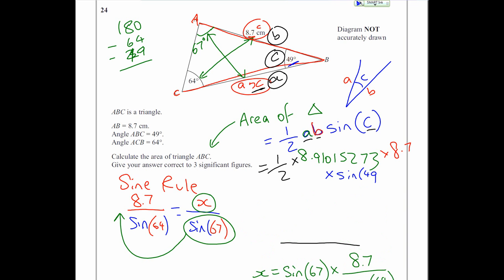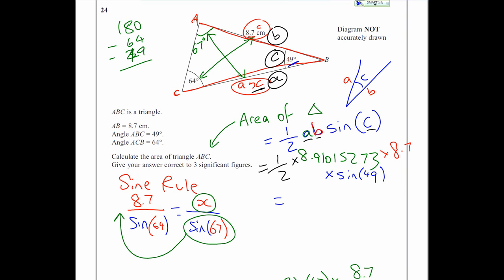So now you put all of that in your calculator: 0.5 times 8.7 times sine 49. You can use your answer if you didn't delete it before. I think I kept my answer in.